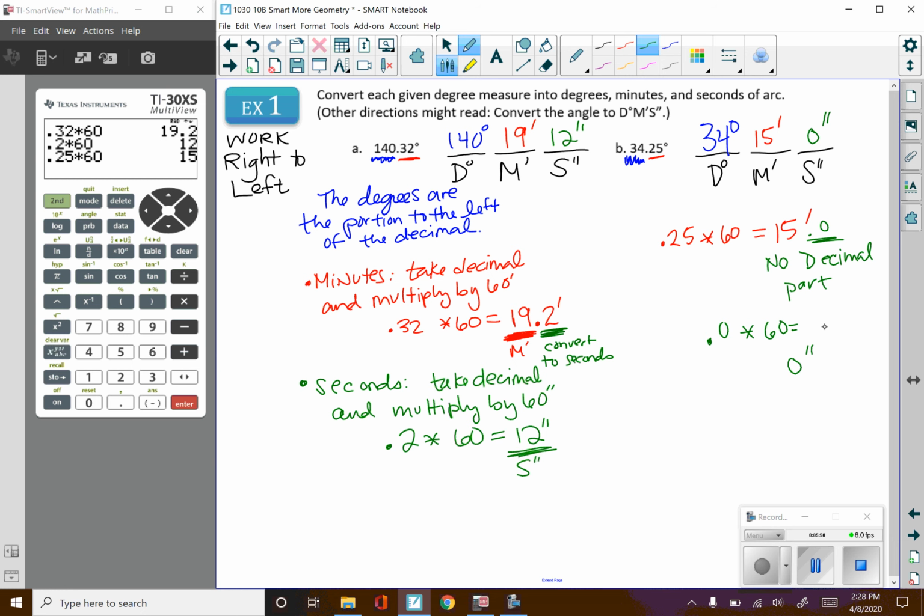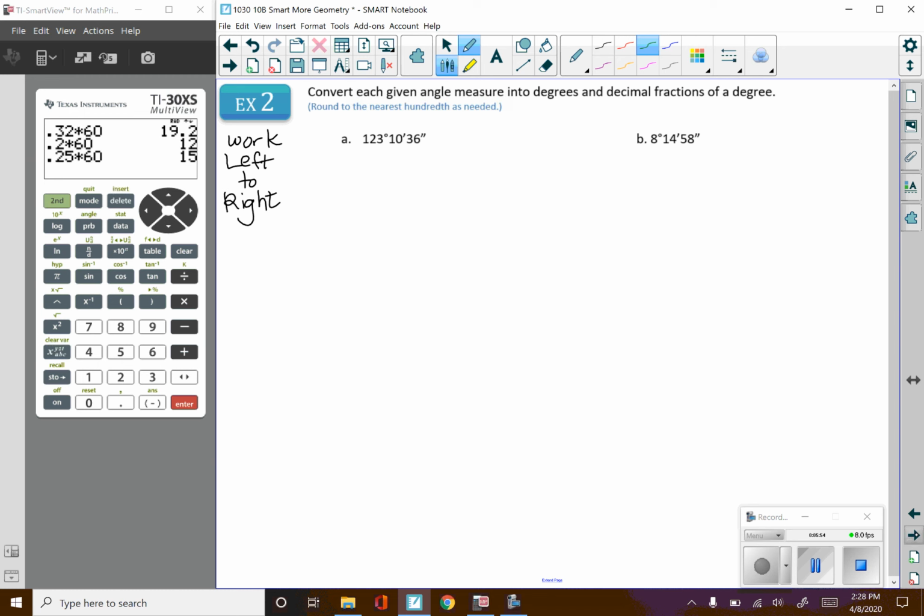So we worked from right to left. For example 2, we are working backwards. We have the degrees, minutes, and seconds, and we want to convert that into a decimal measure. So we're going to work from left to right. We start with the seconds right here. We have 36 seconds.